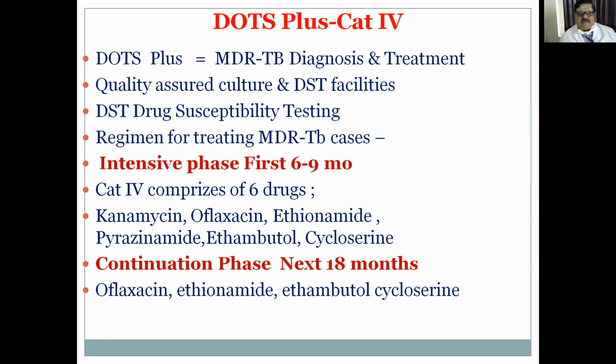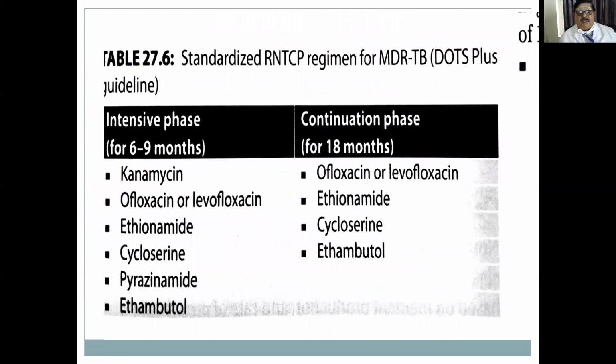The standardized RNTCP, now NTEP, regimens are altered, and it may take time for textbooks to include them, but you know there is an intensive phase and a continuation phase.